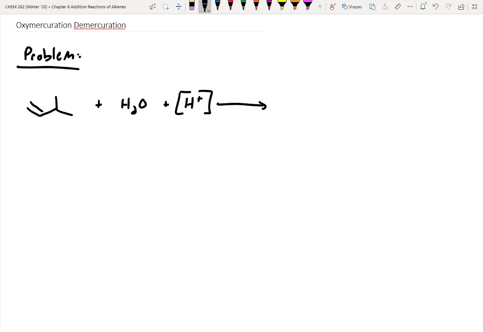Let's do another practice problem. Let's consider this alkene. And again, we're going to use catalytic acid. What's the first step going to be?